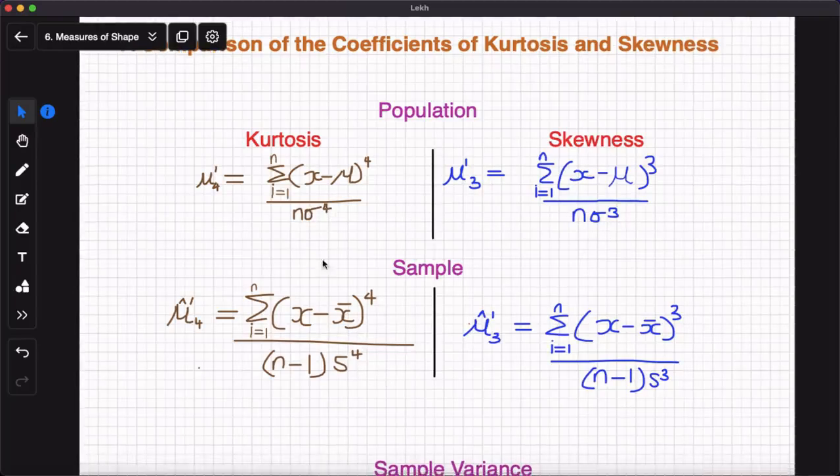In the sample, the differences are, number 1, you don't use n, you use n minus 1. You don't have sigma, you have s, but both are still raised to the power of 4. Similarly, it applies to your skewness.